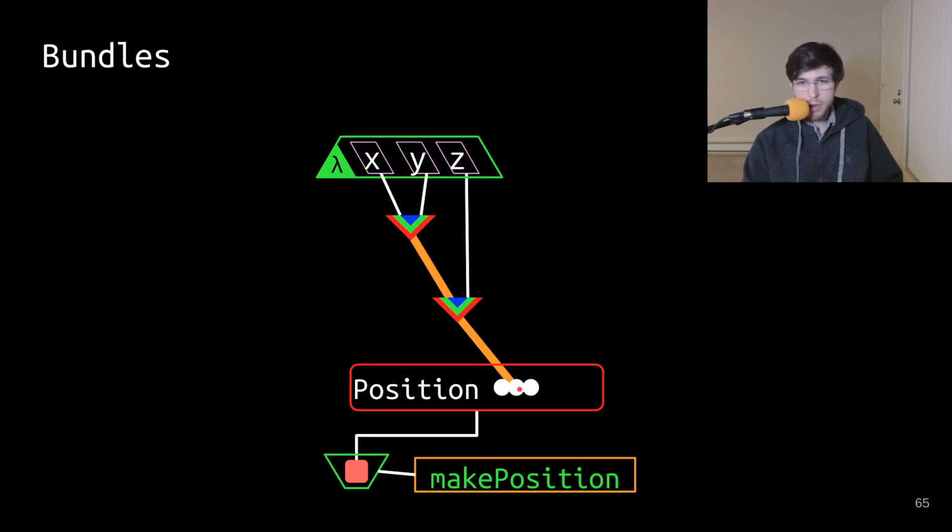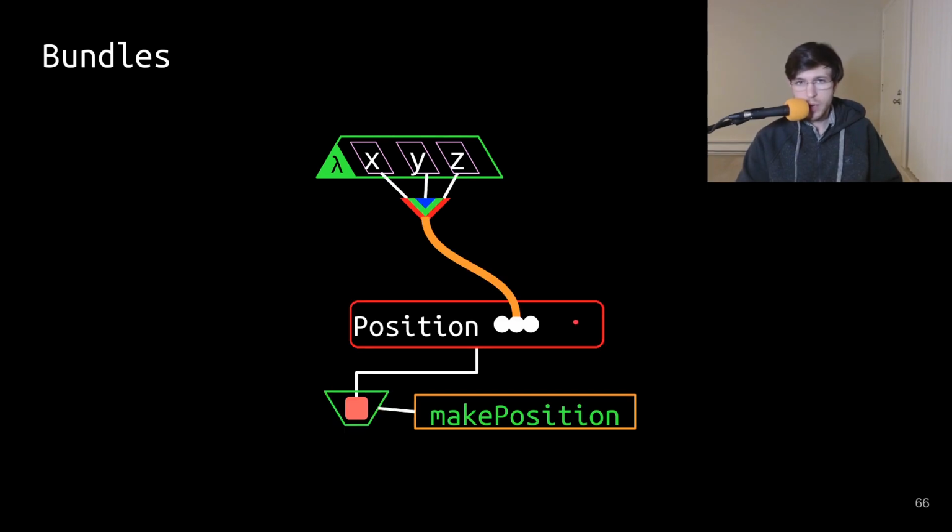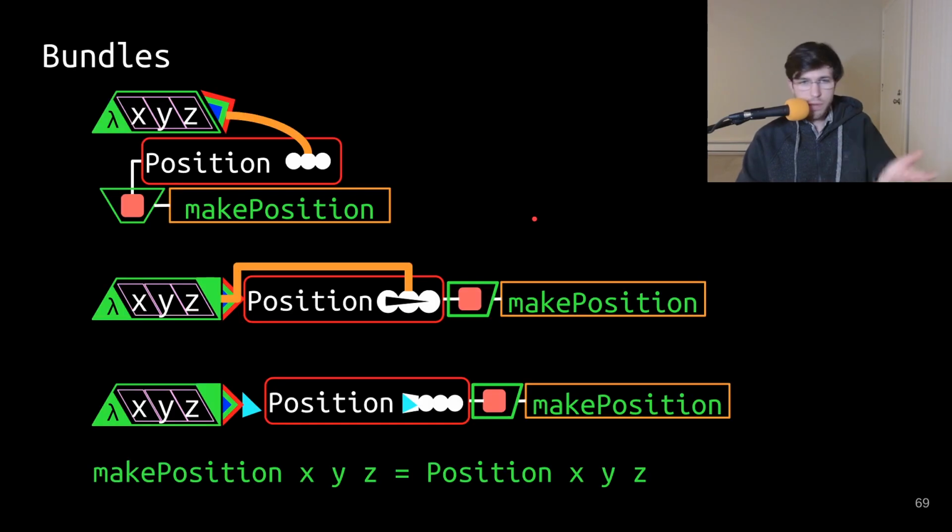And bundles can be directly used as arguments to a function application. So it makes things really neat. And you can just put this symbol near a pattern, and it's assumed it'll pick up all of the nearby values from the pattern. There's just a few other syntaxes for it.